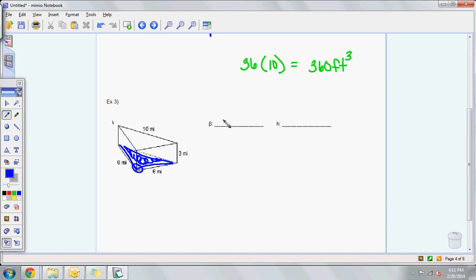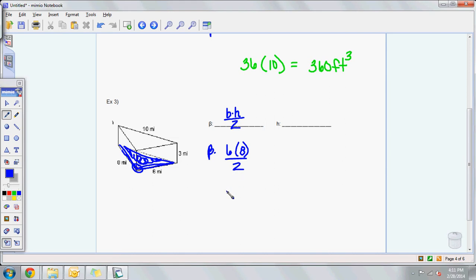All right, so to find the area of a triangle, it's base times height divided by 2. Don't forget that since it's a triangle. So our base is 6 times the height of the triangle is 8, and we're going to divide that by 2. So that's going to give us 24.